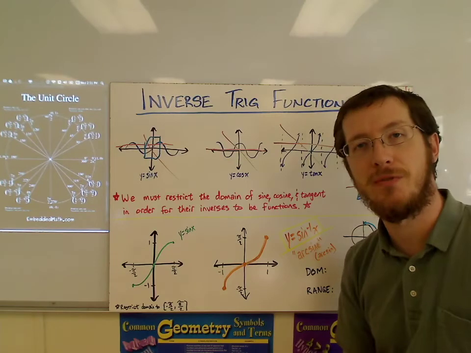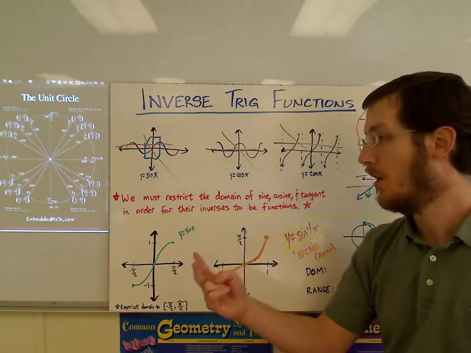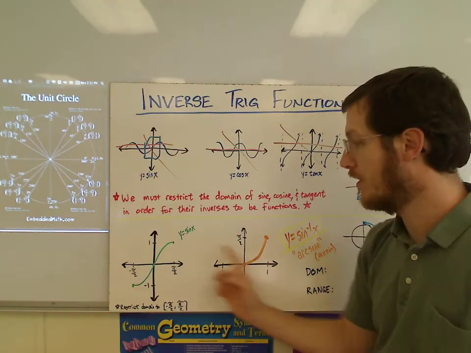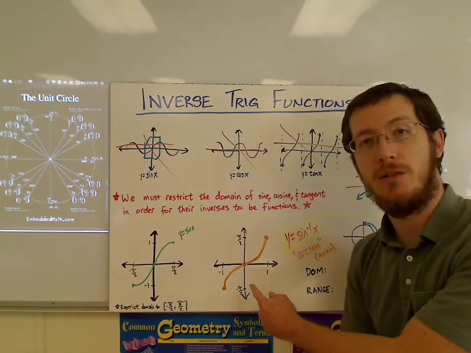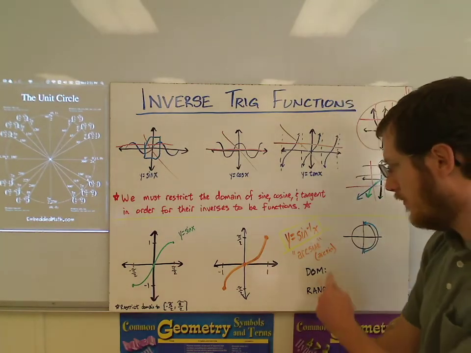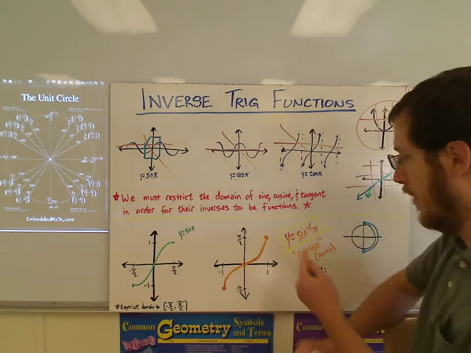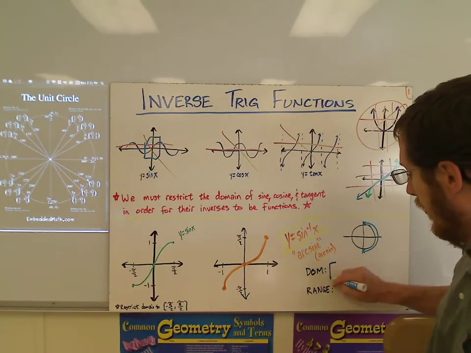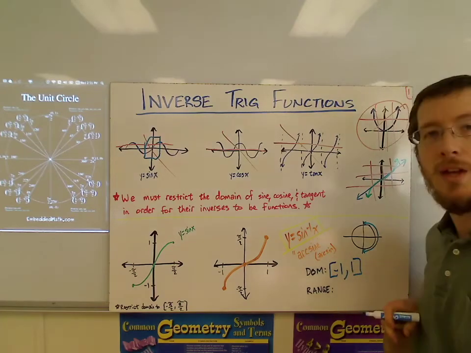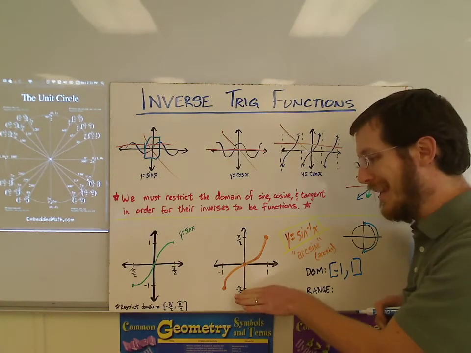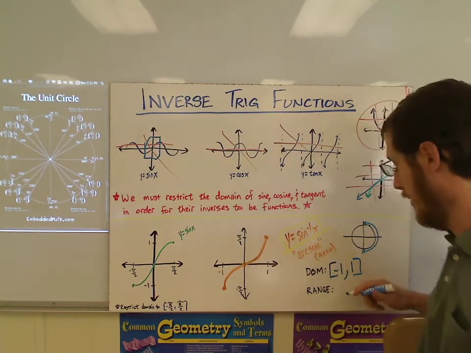Okay, remember with inverse functions, the domain and the range switch places from the original to the inverse. So if we want to look at the domain and range of our inverse sine function, our domain is now from -1 to +1, and our range goes from negative pi over 2 up to positive pi over 2.